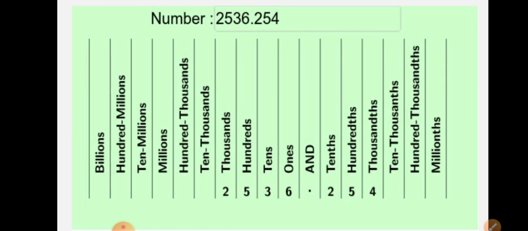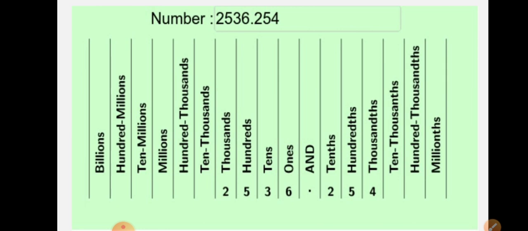Numbers before the decimal we read simply as we read in the number system, 2536, and after the decimal we read digit by digit. We don't say 0.254 as "point two hundred fifty-four", we say "point two five four".